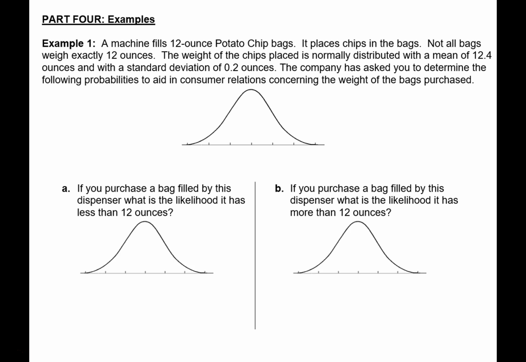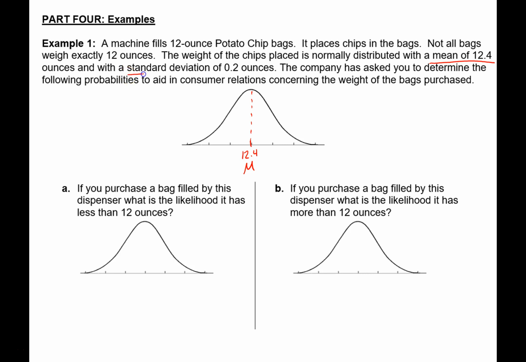So the company has decided and got the machines to put an average or a mean of 12.4 ounces, that's our mean, that's our middle, in each bag, which means technically you're getting 0.4 more ounces of potato chips than the bag says. That's good news, right?